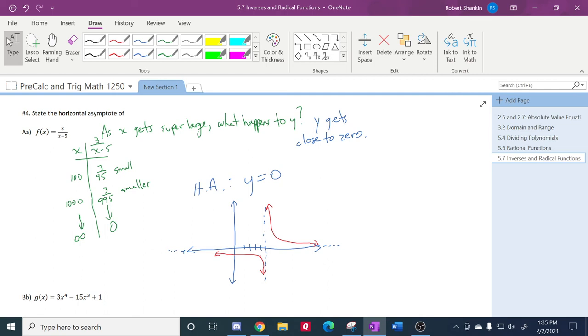Give you a quick 30 seconds. What's the horizontal asymptote? So as the input gets super large, what happens to the output for this function? Well, when the inputs are really large, the outputs are even larger.